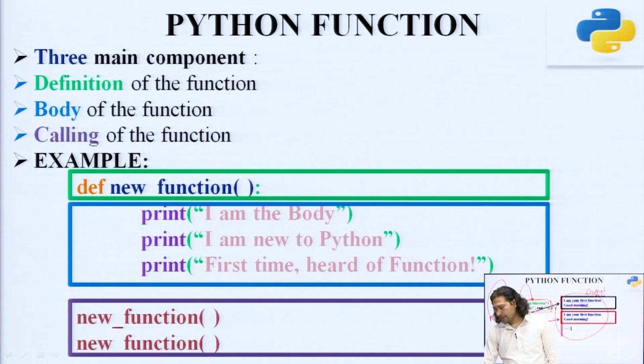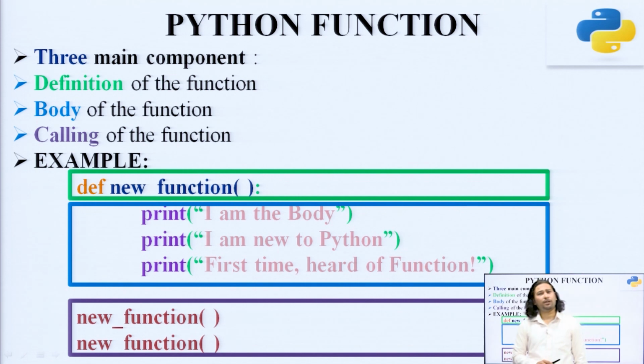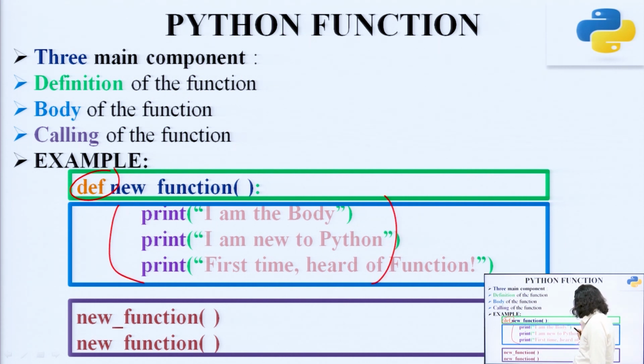Now, the next thing is the three components of the function. The very first component is the definition, which starts with the def keyword. The second one is the body of the function, which is this whole block of code, and the third one is the calling of the function. In the calling of the function, you can call it n number of times.